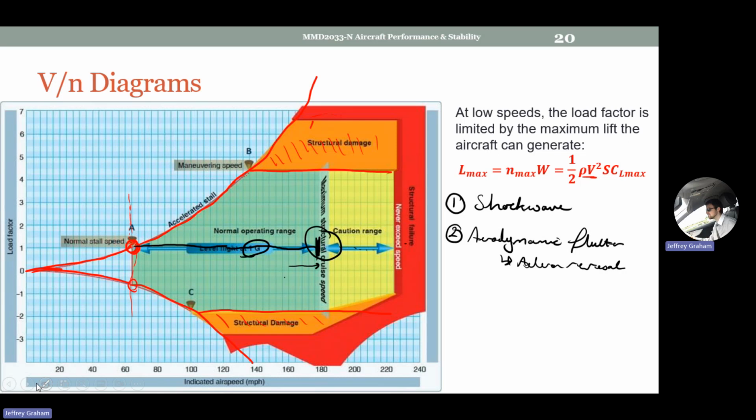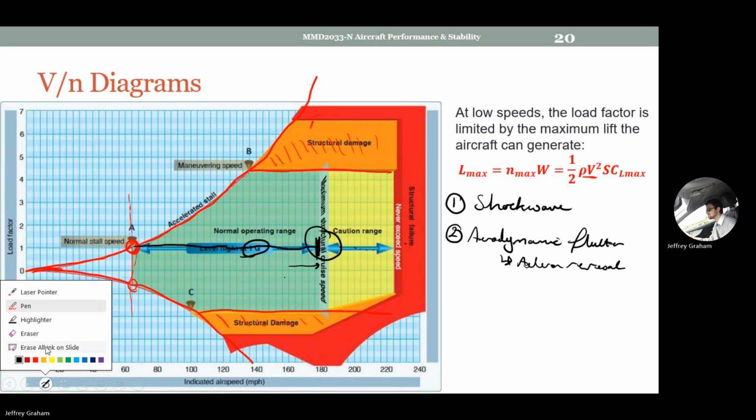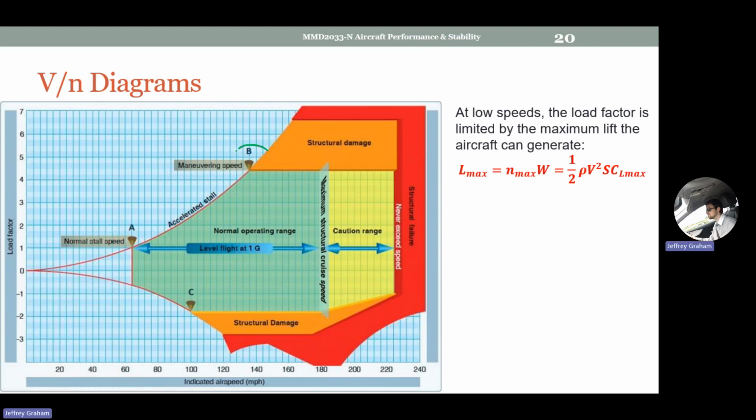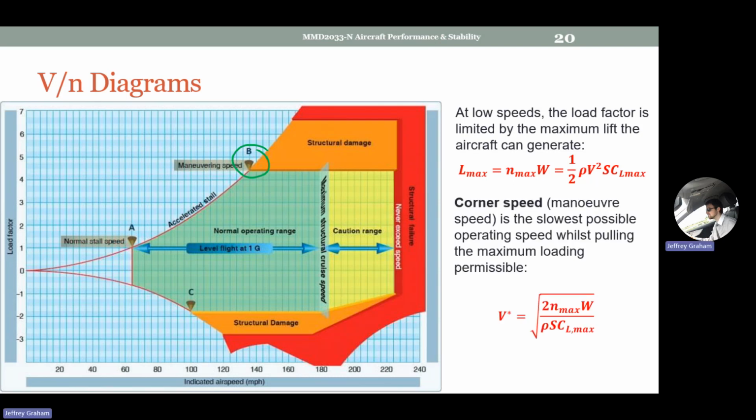Right. The final point to point out on this is point B here. It's the corner speed. This is often referred to as the maneuver speed. It is the slowest possible speed. So remember, this line here is the stalling point.